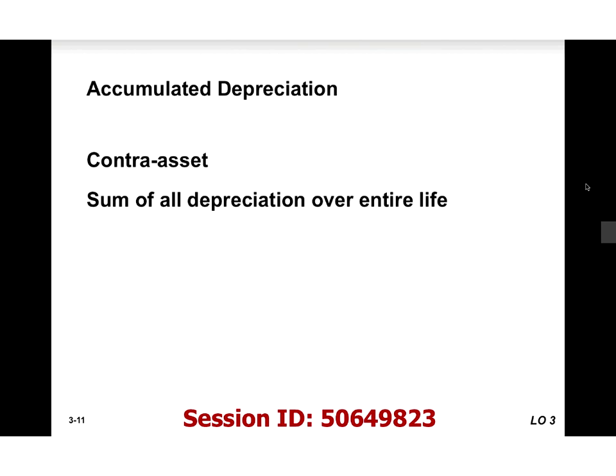So accumulated depreciation is always shown, if this is accumulated depreciation on equipment, it is always shown with equipment. And this is the accumulation of all the depreciation that we've taken to date. So whenever we do any depreciation, it goes into accumulated depreciation.